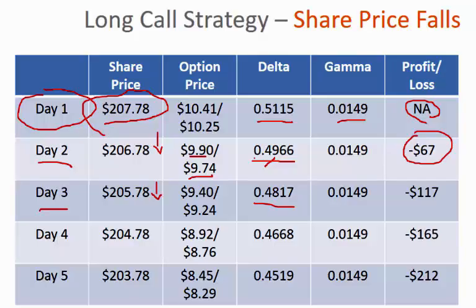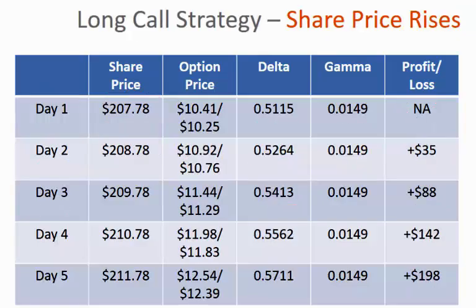That's equal to your 0.4966 of the previous day's delta minus the gamma amount because we dropped the share price. And our overall profit and loss will be a loss of $117 per contract. And we continue to do this and so on and so forth. So you can see here that our delta amount is constantly changing as the share price kept dropping on us by the gamma amount. And then our loss changes with that as well.